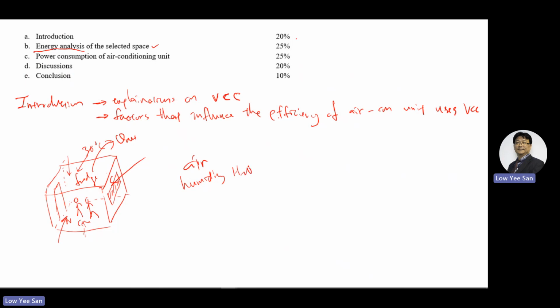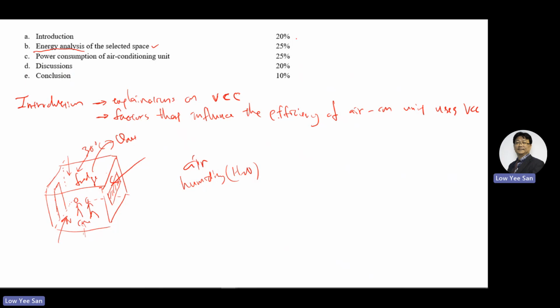Humidity means H2O. So in air, you have H2O. It's not only air. So when you cool down air, you are actually cooling down two things: the air and the water vapor.